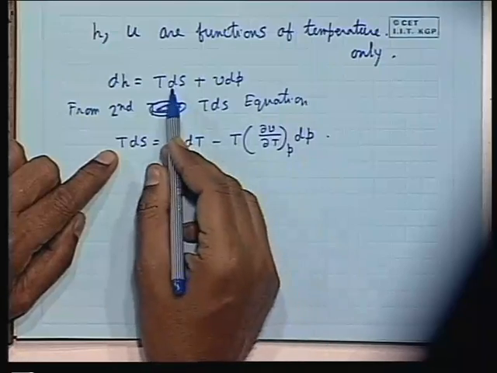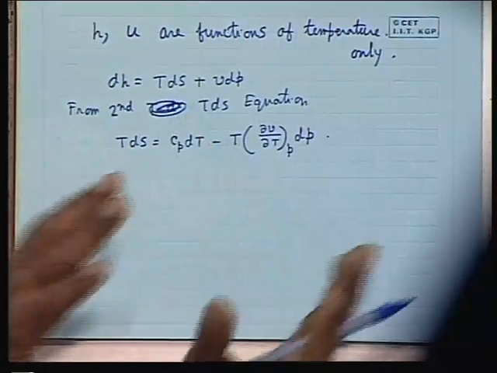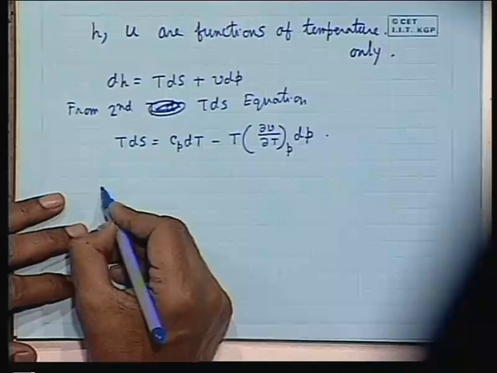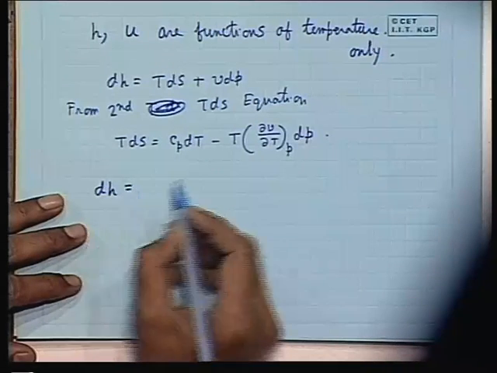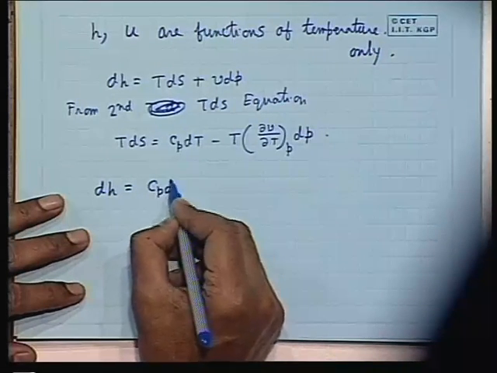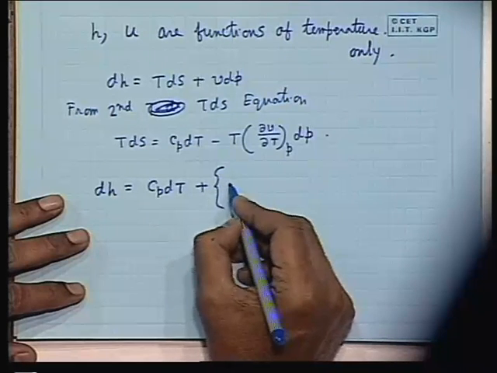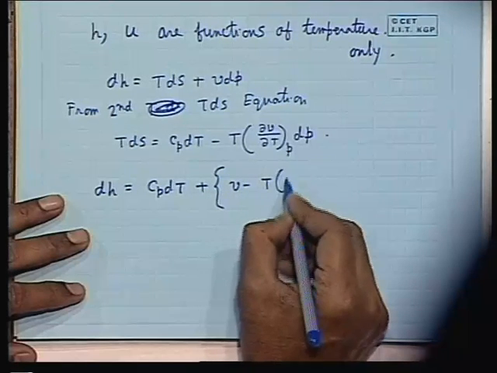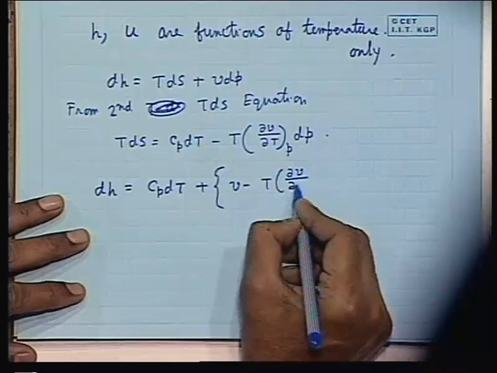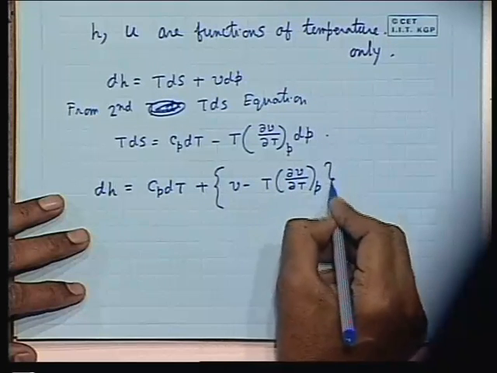We did this while finding the Joule-Kelvin coefficient. In a similar way, dH is equal to Cp dT plus V minus T into (del V del T) at constant P, into dP.